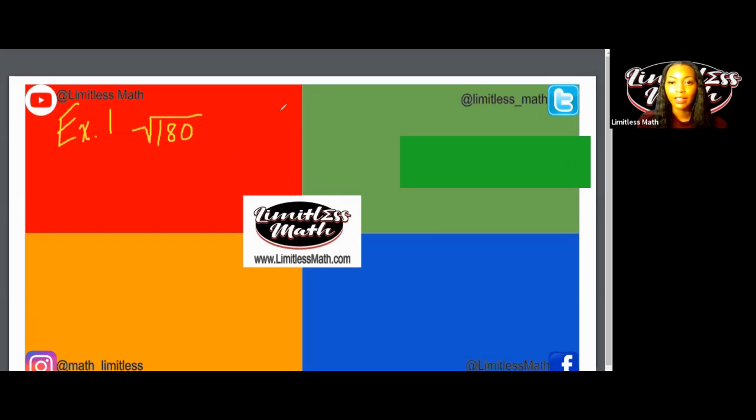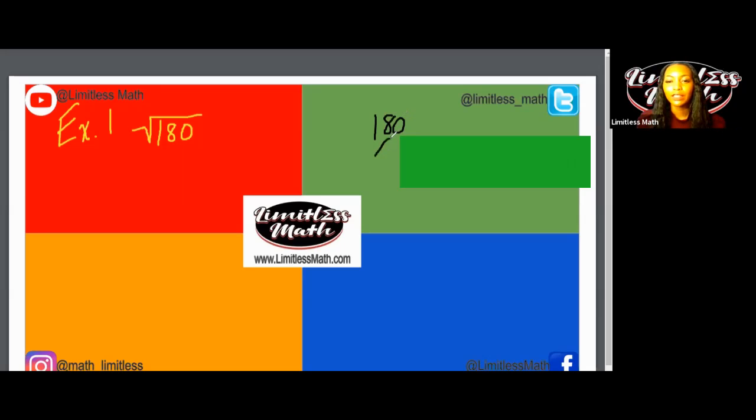So over here to the side, we're going to want to break down the 180 into its prime factors, right? Numbers that multiply to be 180, but numbers that are prime, meaning they can only be formed by multiplying 1 and itself. So I'll show you what I mean by that.